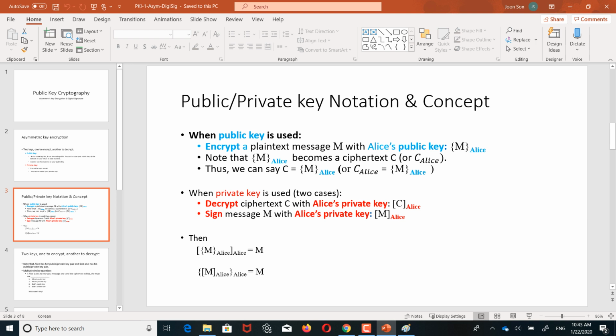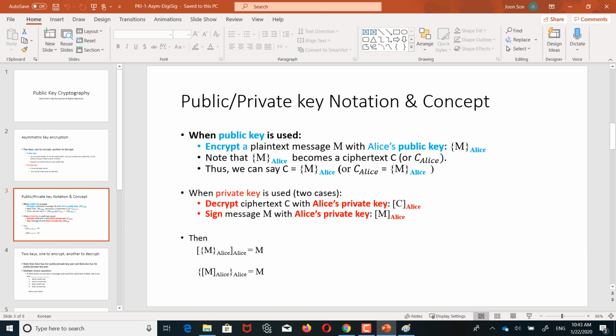When the public key is used, typically the public key is used to encrypt a plain text message M with Alice's public key. This is an example. If Alice wants to send an encrypted message, she has to use her public key to encrypt.